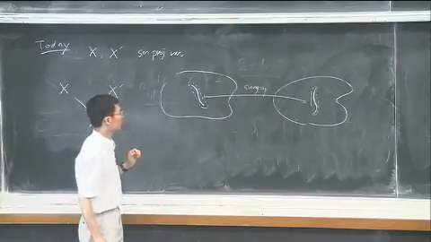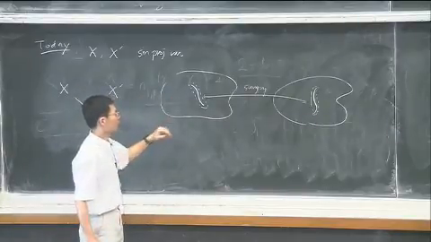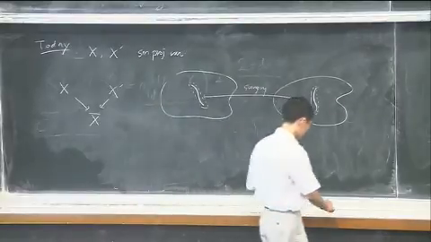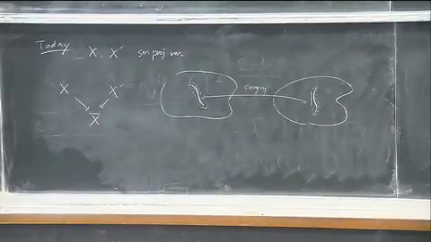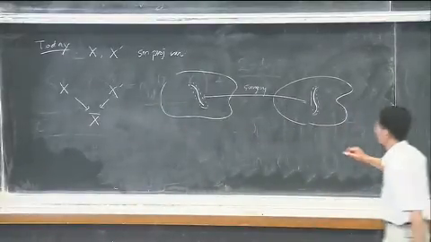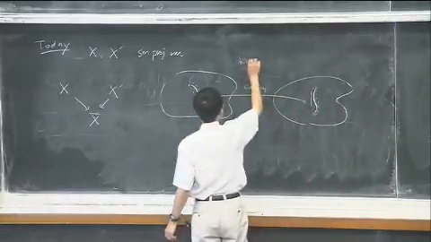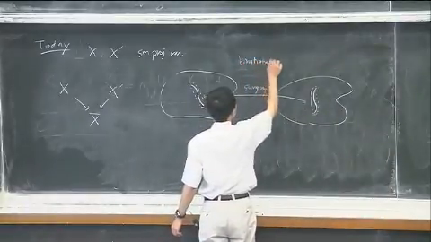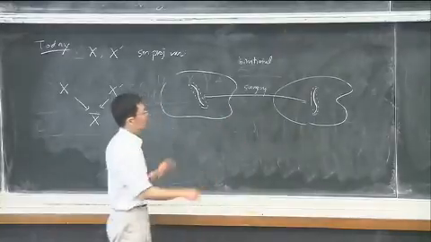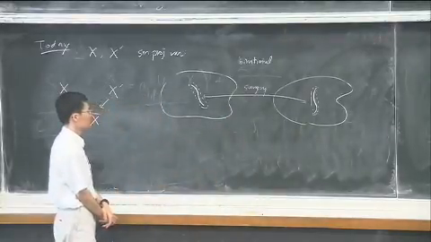And I want to ask whether the Gromov-Witten theory will be identical. These two are birational, which means for the open part, they are all the same. And it's only a small neighborhood.